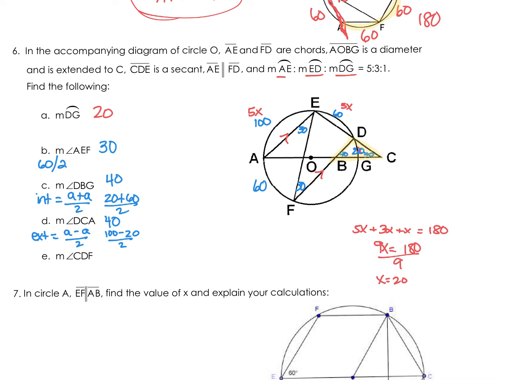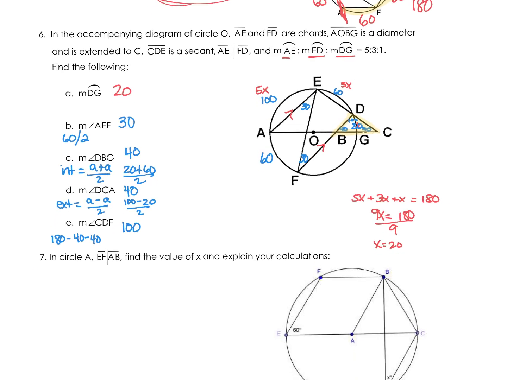And I see an angle 40, 40, and a missing angle. So all we have to do is 180 minus 40 minus 40, and we get 100 for the top of that triangle. Those are tricky because there is so much going on in that picture.